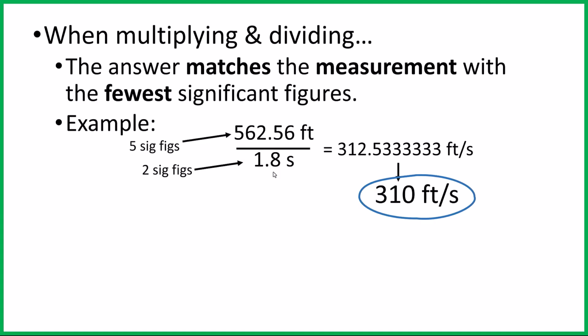This one only has 2 significant figures. So we're going to divide these out and come out with a temporary value. But because our lowest level of precision here is 2 significant figures, we're going to reduce that to 310 feet per second. Remember, this is a trailing zero that doesn't count. So we do have 2 significant figures here, same as in our original measurement.